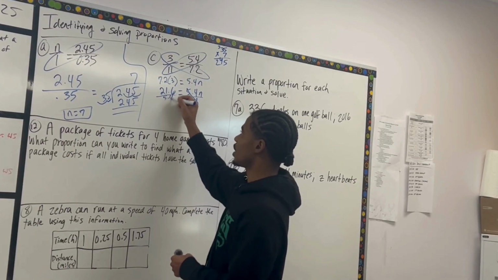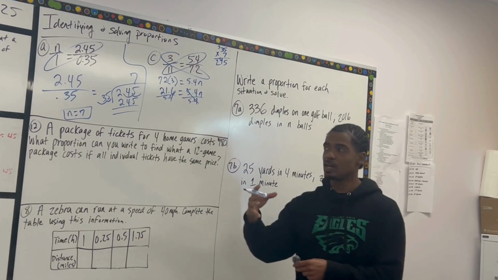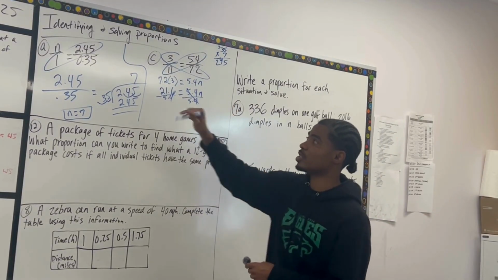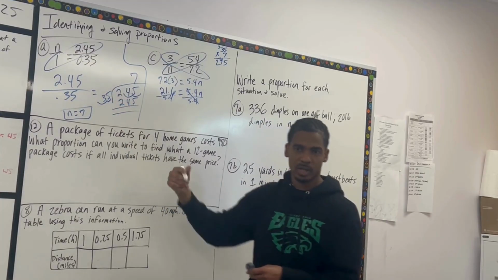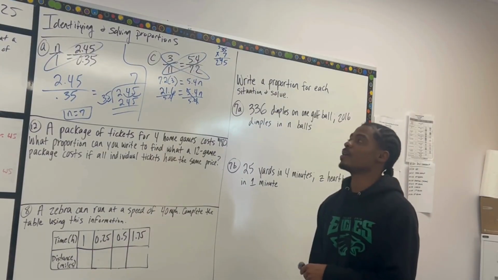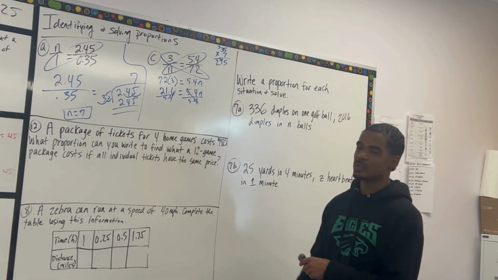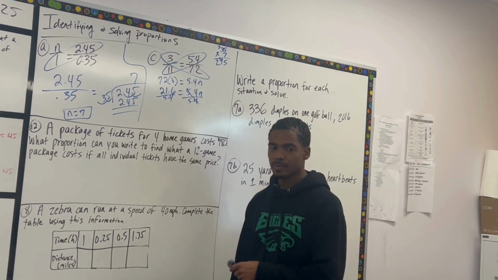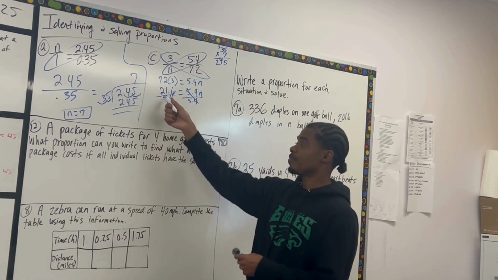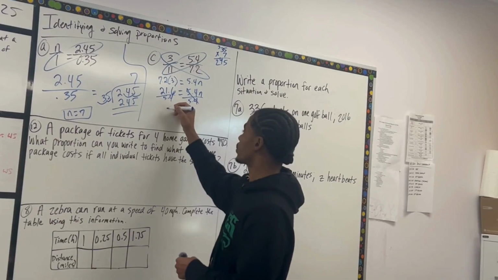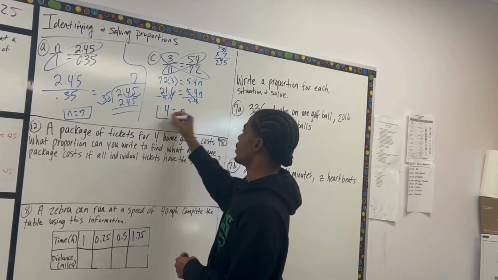It's just that instead of setting it up as a proportion, we set these up equal to each other. We multiply and divide and you're going to get the same thing. You can use estimation. What's 21.6 divided by 5.4? Think 5 times 4 is 20, and those are really close. So we're going to say 4 equals n.